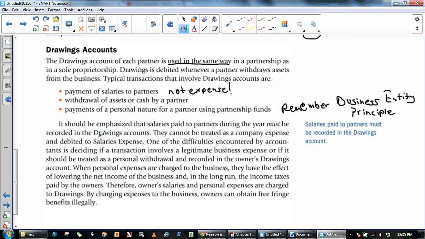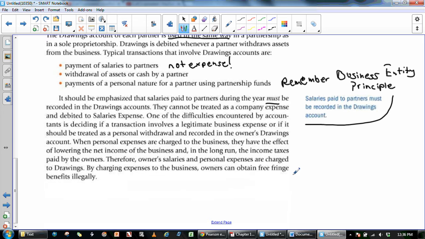All right. So again, it should be emphasized that salaries paid to partners during the year must be recorded in the drawings account. Same thing right here. They're highlighting it for you. Okay. So accountants face the difficulties of seeing whether a transaction is a legitimate business expense or if it should be treated as a personal withdrawal. So here's how people try to cheat the government.